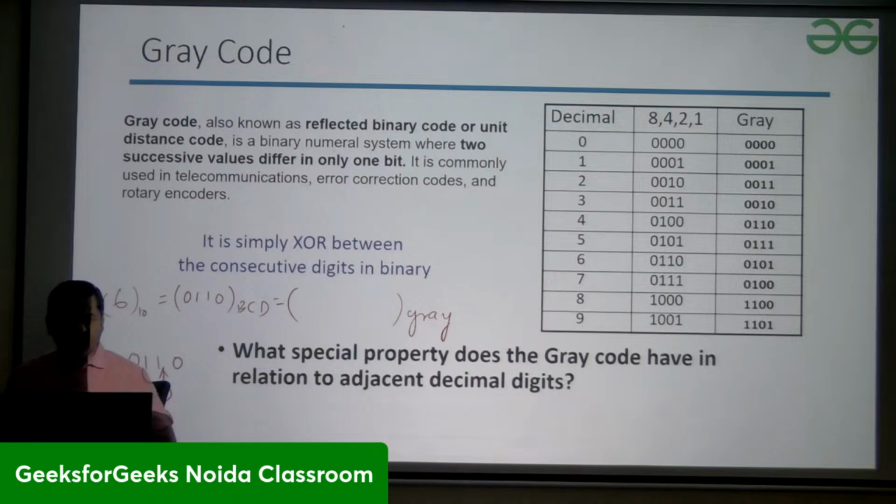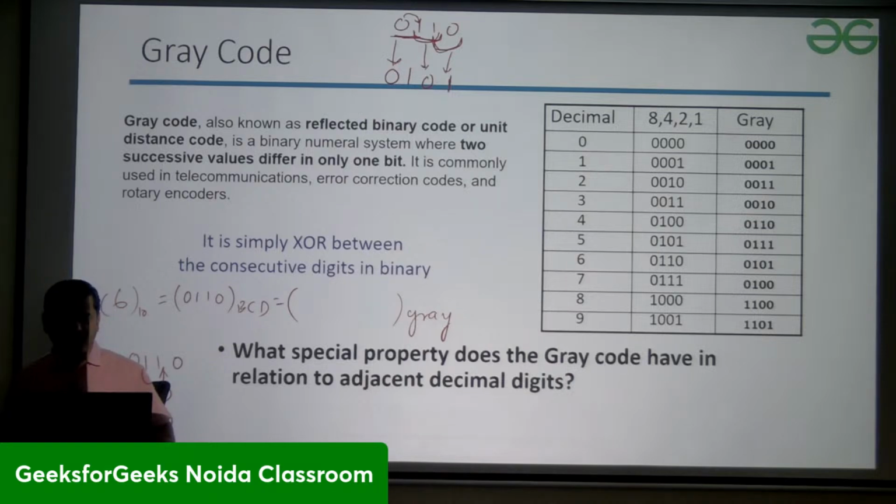Let me write 0 1 1 0 here. The 0 is kept as it is, so the MSB is kept as it is, and these two bits are XORed, the adjacent bits. The XOR of this is going to be 1, then the XOR of the next two bits is going to be 0, then the XOR of the next two bits is going to be 1.